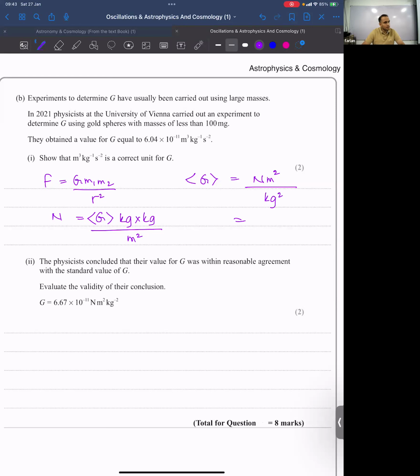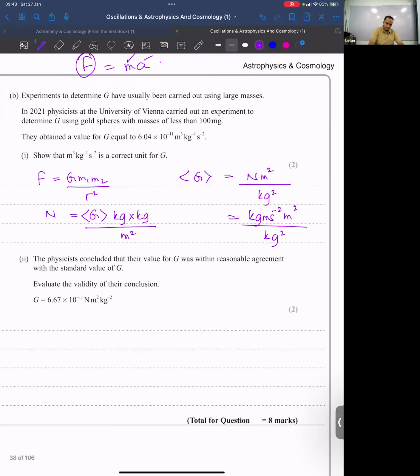So what is newtons in terms of SI units? kg m s minus 2. If you can't remember, F equals ma, the most obvious thing to remember. F is force in newtons, m is mass in kilograms, a is acceleration in m s minus 2. So kilogram m s minus 2 into m square over kilogram square.